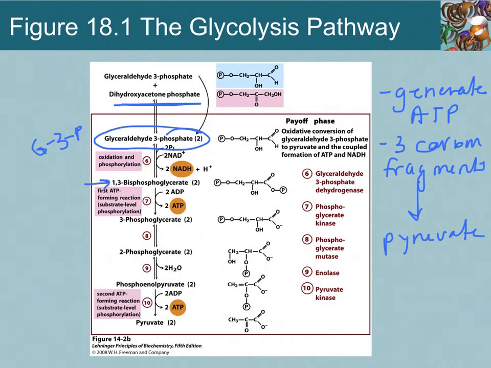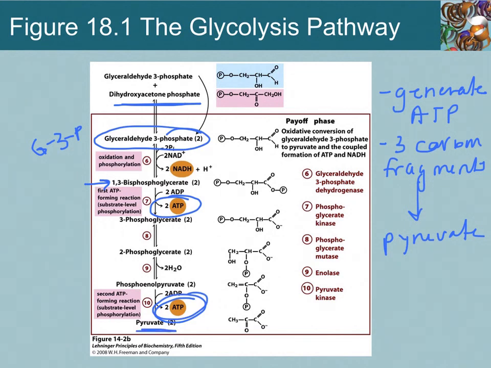This will allow for the formation of ATP, and it's formed through substrate level phosphorylation. From that reaction we make 3-phosphoglycerate, which undergoes an isomerization by a mutase to 2-phosphoglycerate, and then we make phosphoenolpyruvate, and then we net 2 more ATPs as we make pyruvate.